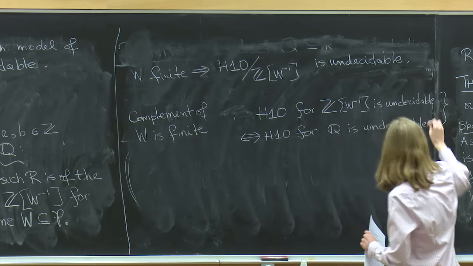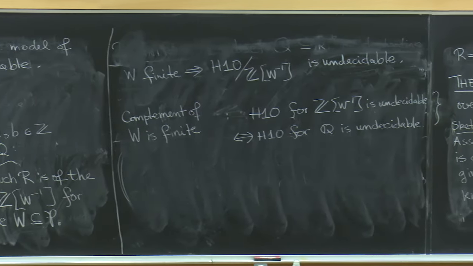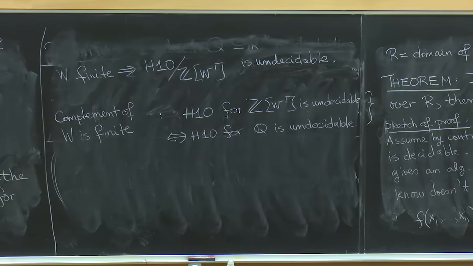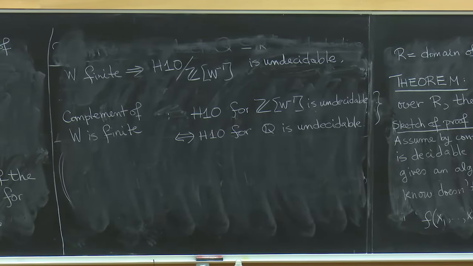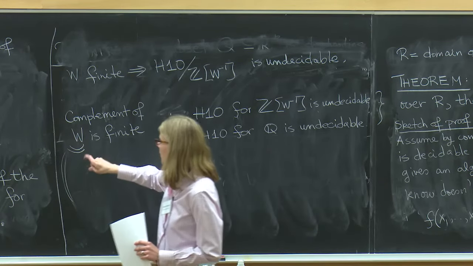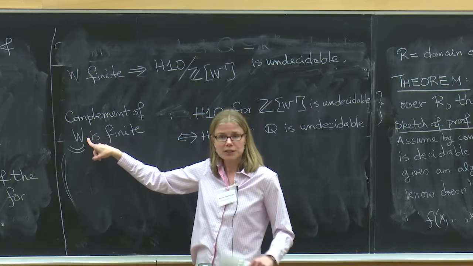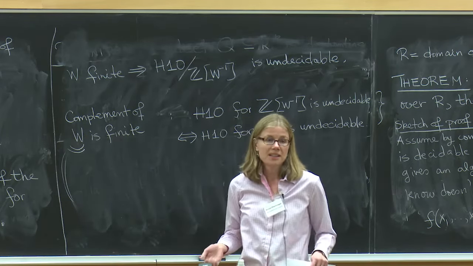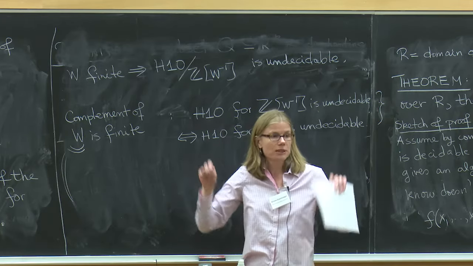So if we want to step away right now from the hardest possible thing, and we also don't just want to reprove something that's already known, the kind of sets W that we're looking for are infinite and their complement is also infinite. So what are the biggest possible W's?